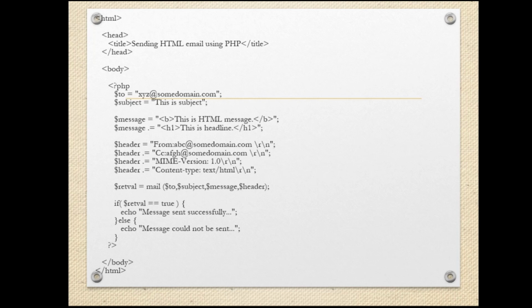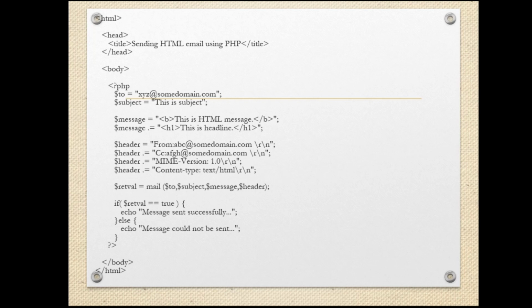In the PHP tag, we are taking a variable, $to, with the name to which you are sending your email, then the subject and the actual message. In the header, we give from which email you are sending, and again CC and the version that you are taking. Again we take one variable in which you store your mail function: $to, $subject, $message, $header.